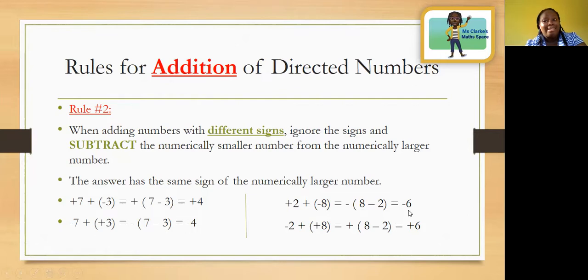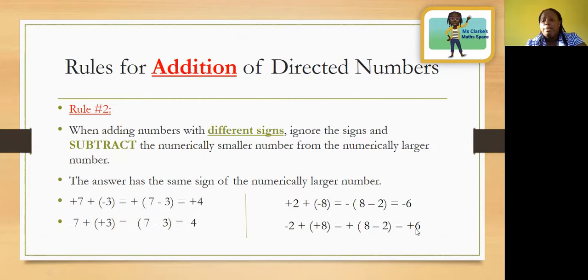And our last example for rule number 2 in addition is negative 2 plus positive 8. The bigger number here is 8, and the sign in front of the 8 is positive. So you know that the result is going to be a positive answer. So you have your plus sign on the outside here, and the difference between 8 and 2 is 6.